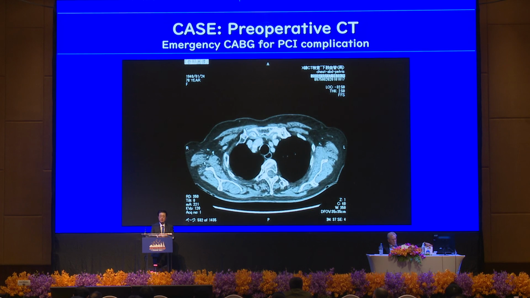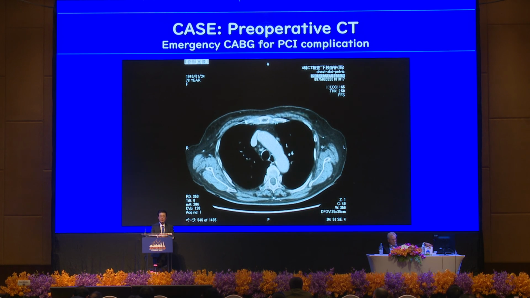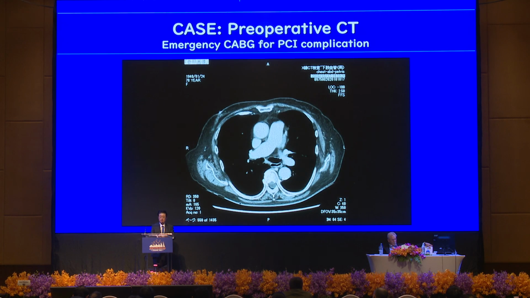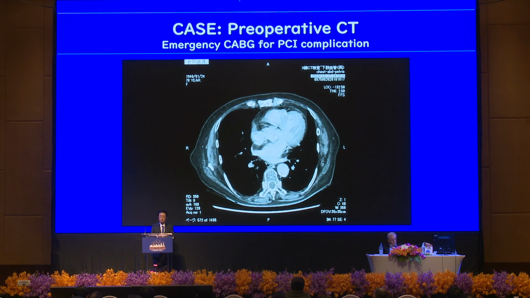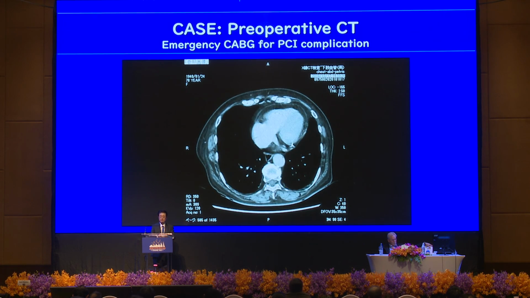That's why we normally ask the cardiologist to do a preoperative CT scan routinely.